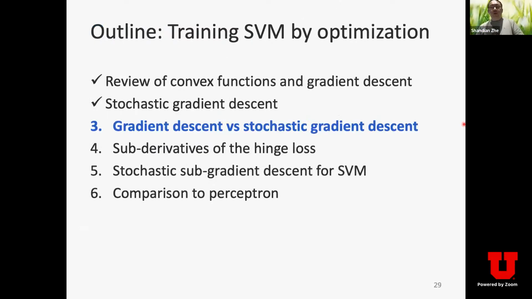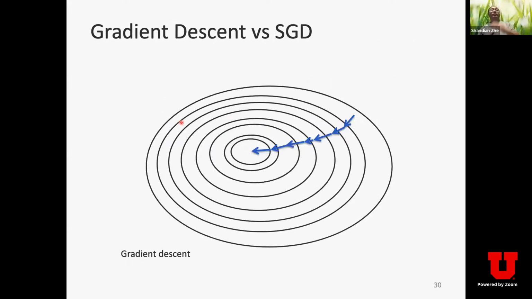But before that, we want to give a more systematic, general comparison of these two types of optimization approaches. One is called gradient descent, one is called stochastic gradient descent, right? So I want to visualize that to give a more intuitive sense.